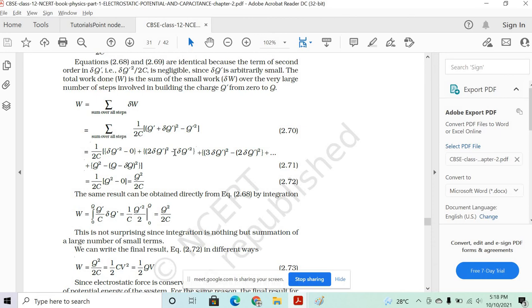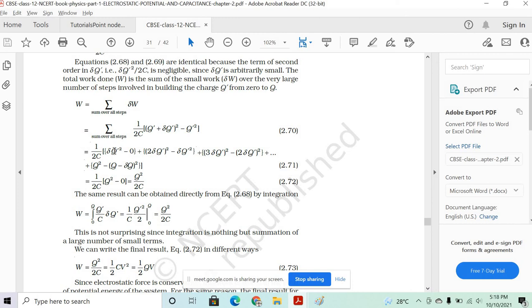Then in the summation everything will get cancelled till the time this q dash plus delta q will become q, and q minus delta q square. So only the last term will be remaining, and this q minus delta q will get cancelled.